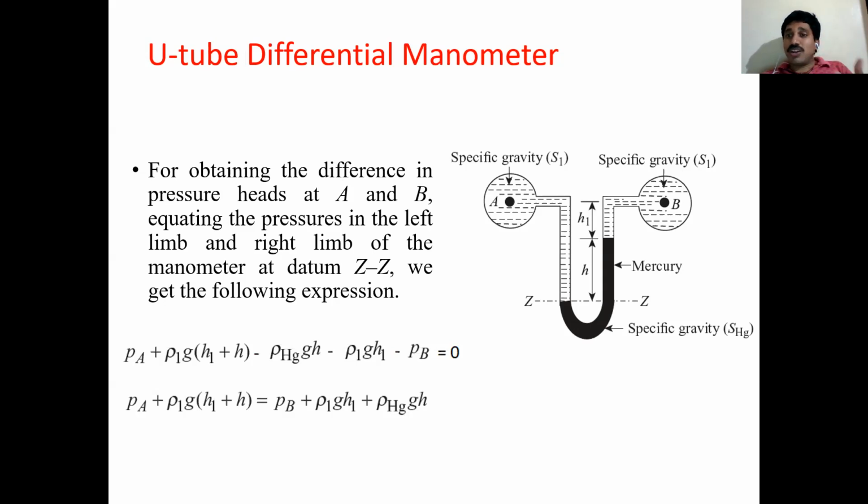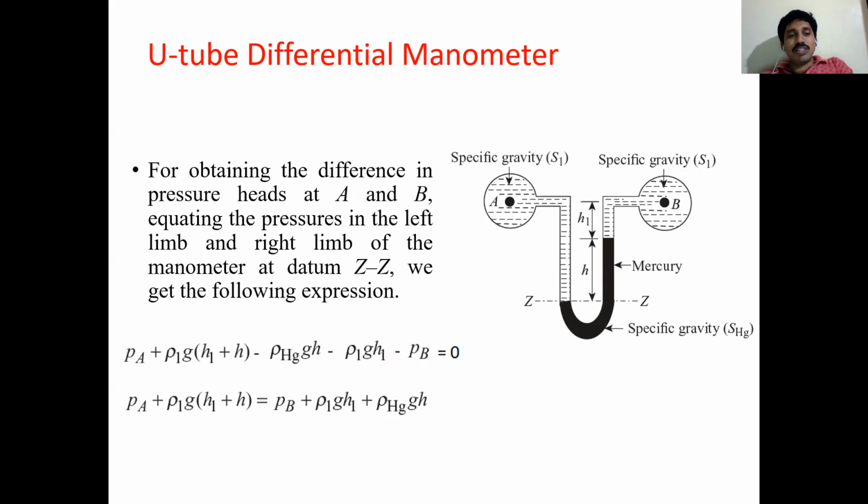When we have a different fluid, we can go with rho 2 g H1. So depending on specific gravity and density, we write that equation. So rho 1 g H1 is the next one. Finally, I have reached B, minus PB is equal to 0. So this is the pressure equation for this diagram.